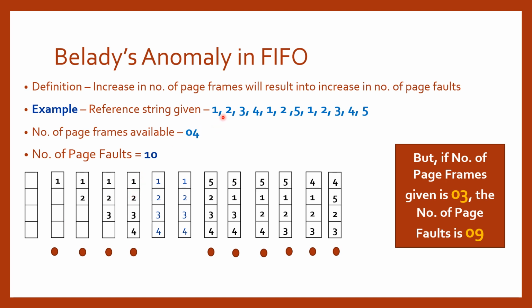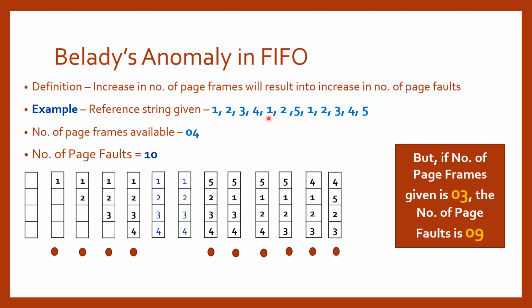Initially we will load 1, and when it is loaded in memory it results in a page fault, as initially the RAM was empty. Second, when we try to load page 2, again there will be a page fault. Likewise for 3 and 4, there will be 4 page faults.